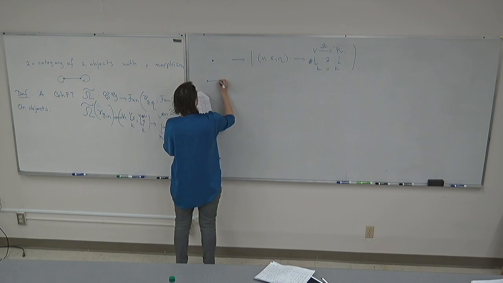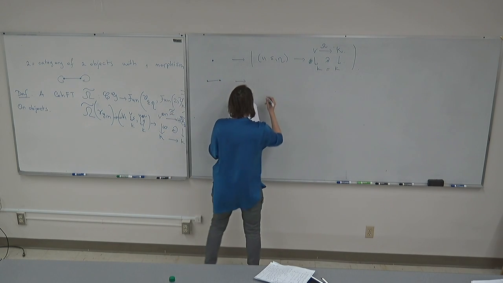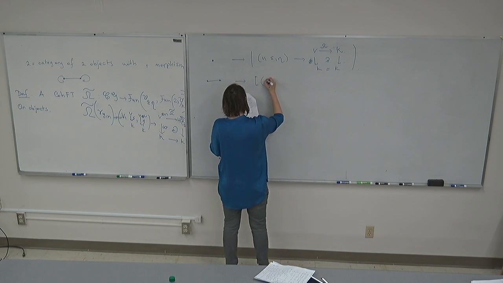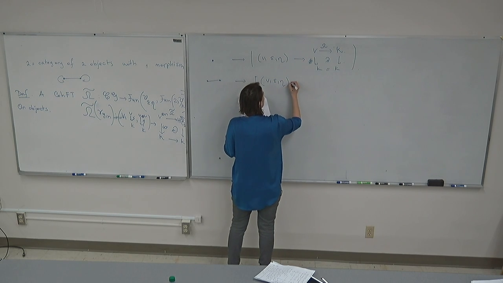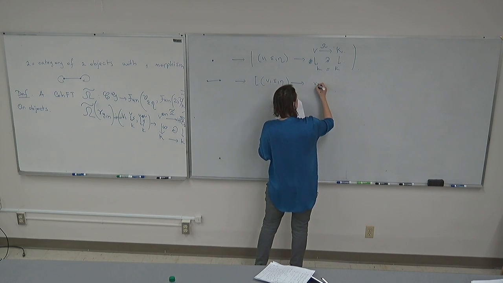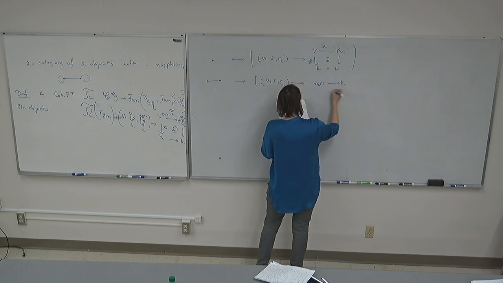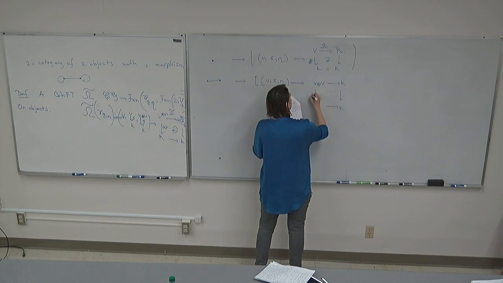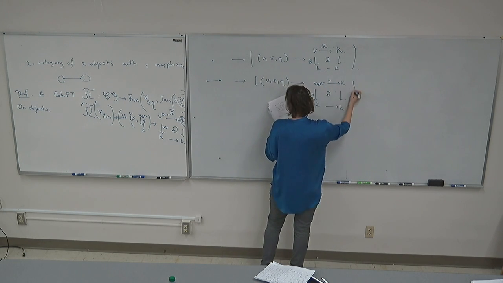And if I have 2 points connected by a line, then it's going to send this vector space to the pair V tensor V, K, K, K here. And now I'm asking that this diagram is commutative.